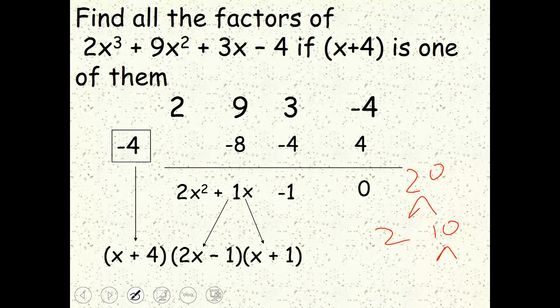You'd start with the 10 because that's still got more factors in it, right? So even though 5 goes into 20, we're not looking at 20 after we've divided out something there. Same thing is true with this. This is a cubic. Why would we go back to the cubic if we know that x plus 4 is a factor? We're just going to factor from there, just like we factor with prime factoring.